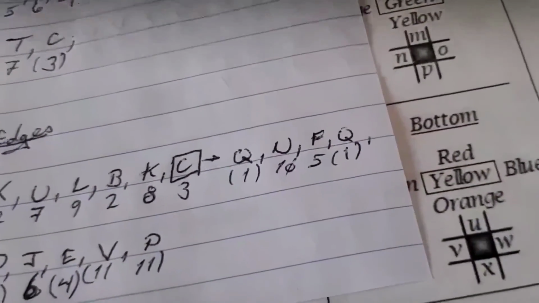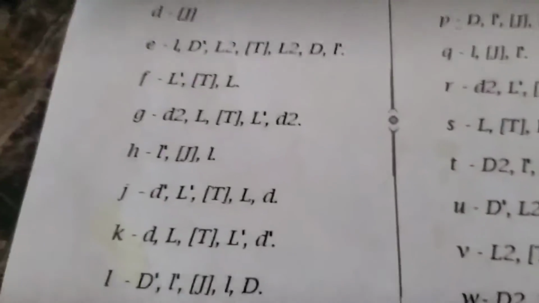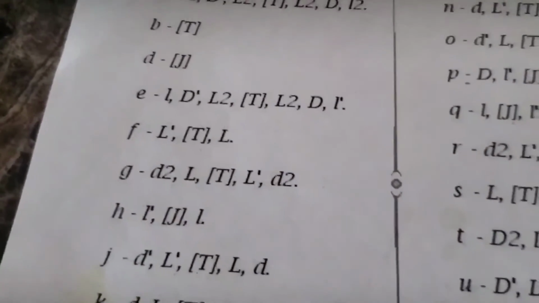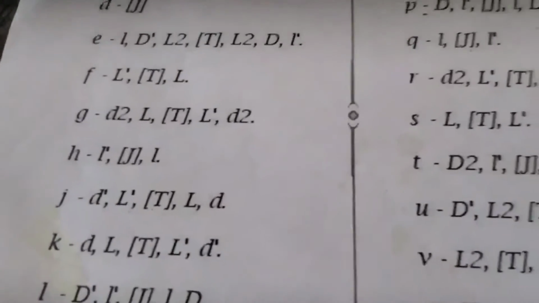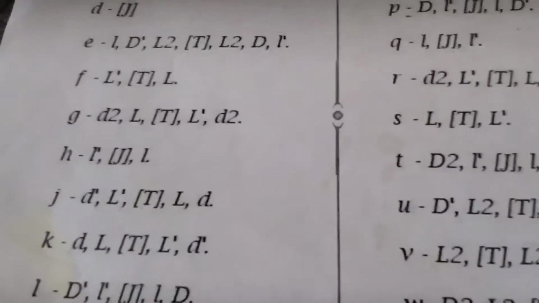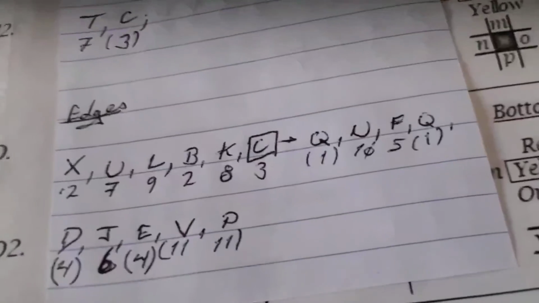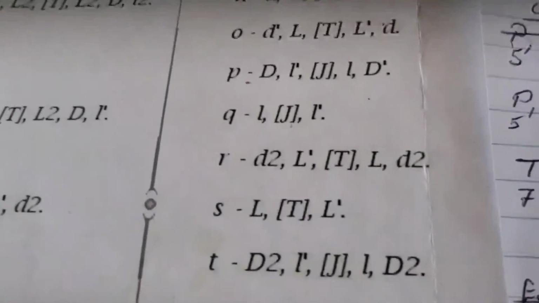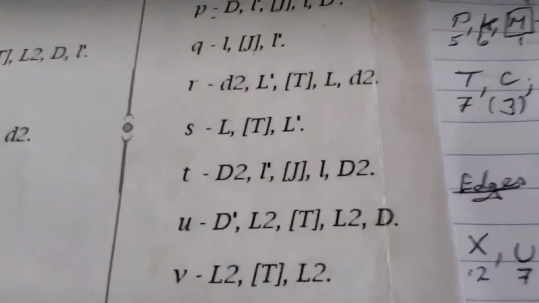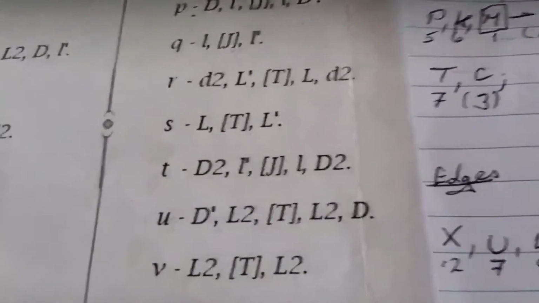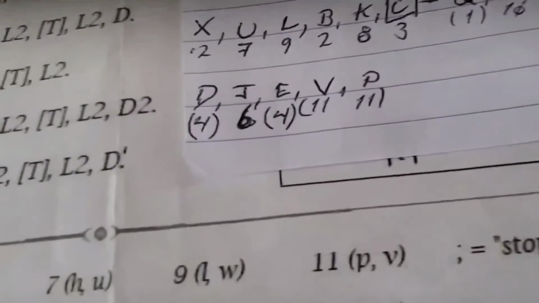Q and F, and then Q. So F here is L prime, followed by a T, L, I was after F, another Q. Small L, J, and then a L prime, small L prime. Okay, Q. After that goes to D.